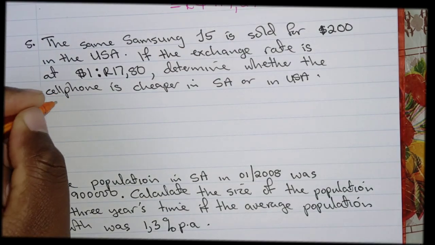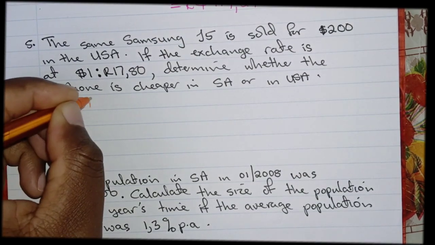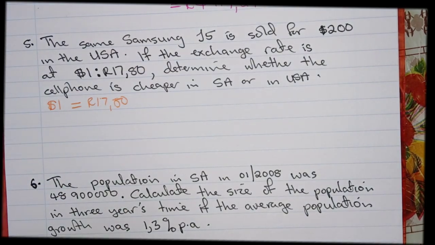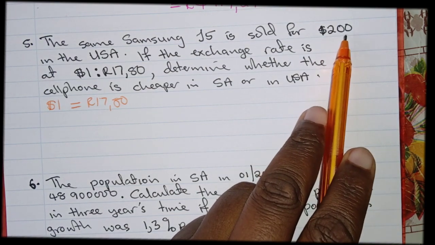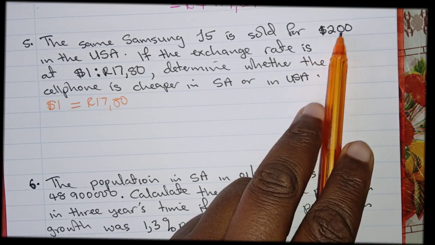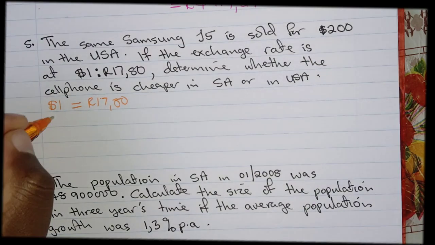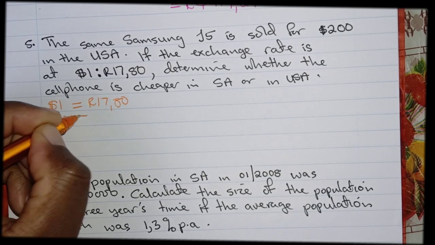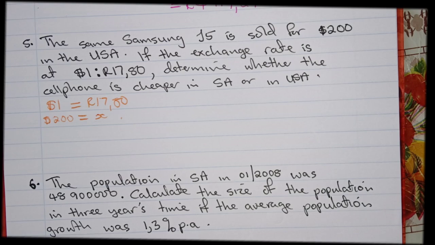We are saying $1 is equivalent to 17 rand 80 cents, right? And then in USA, this cell phone is going for $200. This $200 is equivalent to how many South African rand? Let's put it here. That's 200 is equivalent to something that we do not know yet.